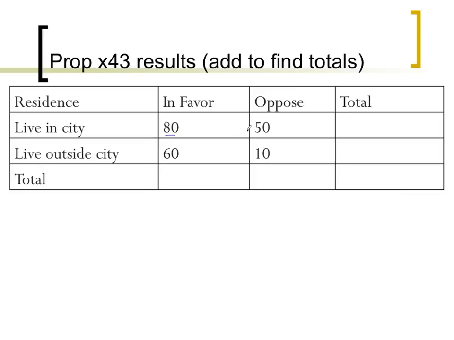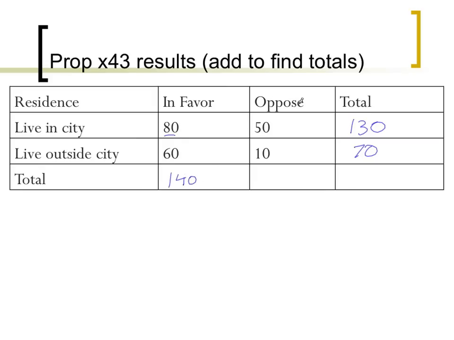What we want to do is add these to find the totals. So we're going to add across the row. If we take these 80 and these 50, we have a total of 130 people who live in the city. If we add 60 and 10, we get 70 people who live outside the city. To find how many people are in favor of the proposition, we do 80 plus 60, and we get 140.